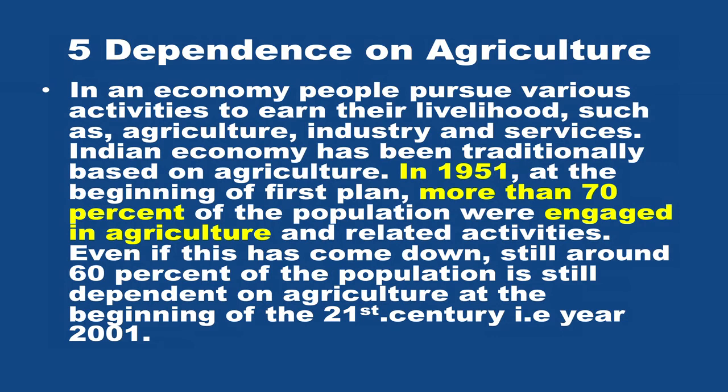In 1951, at the beginning of the first plan, more than 70% of the population were engaged in agriculture and related activities. Even if this has come down, still around 60% of the population is dependent on agriculture, at the beginning of the 21st century, that is the year 2001.